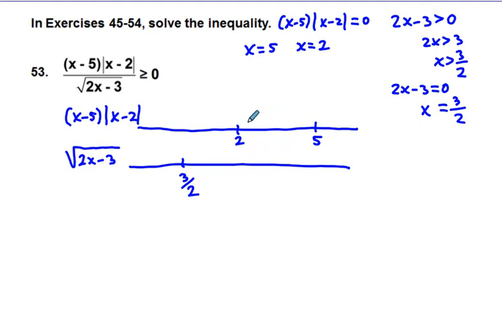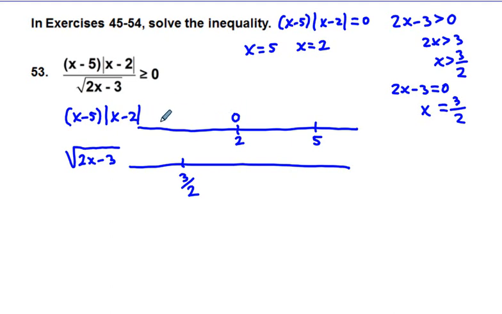Then we can evaluate everything here. For the numerator, if we have a number less than 2, say 0, we would have a negative times a positive, because this absolute value expression is going to be positive except where we have a value of 0, so at x equals 2.